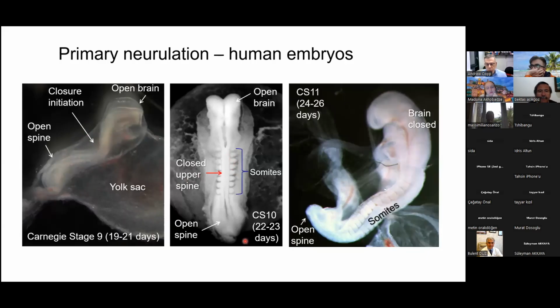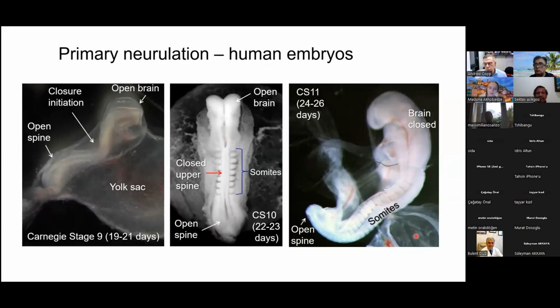Looking on the back of the embryo, just a few days later, here's now a region of closed neural tube. So closure 1 has progressed forward and backward, and this region is flanked by the somites, the mesodermal blocks, which will then form the basis for much of the skeletal and muscle development subsequently. The posterior neuropore here is still open, the open spine, and the brain is still open up here.